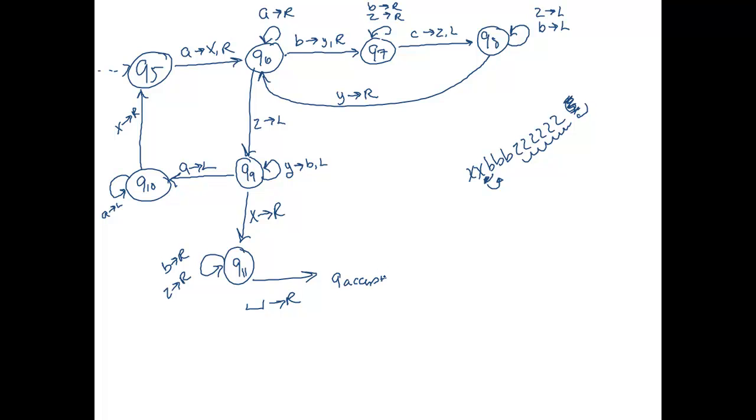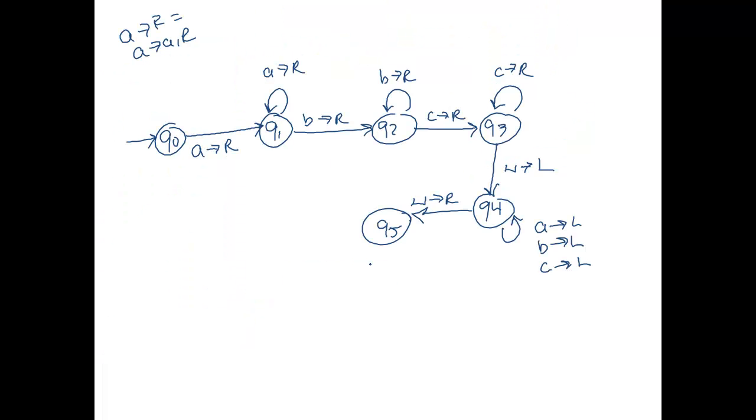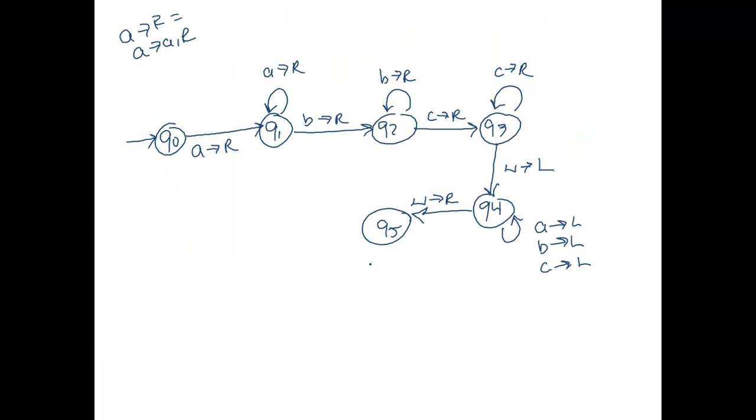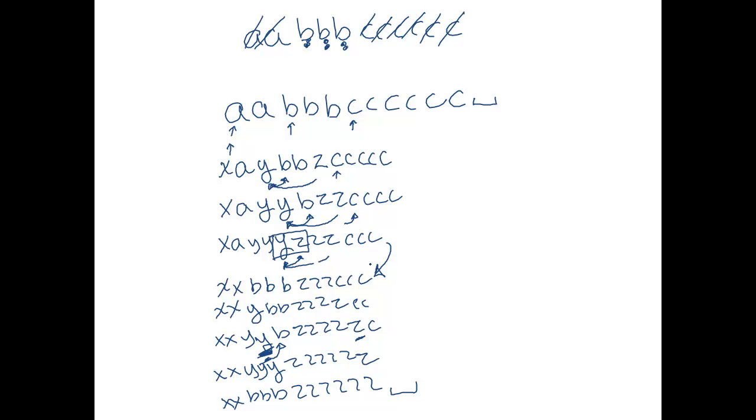Okay. So if we put this Turing machine together with this part of the Turing machine, we have the Turing machine for the language. Verify that this works. We did a little bit. This was the same process that we did down here. But pick another string.